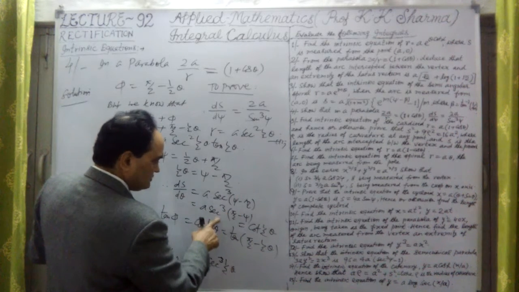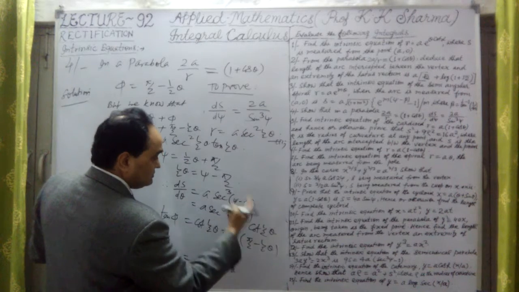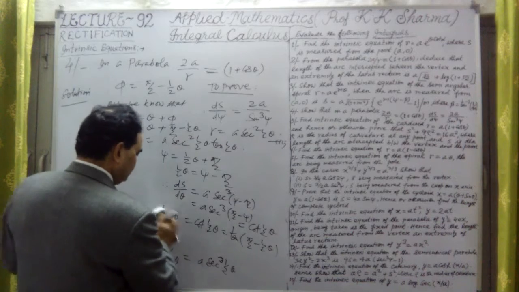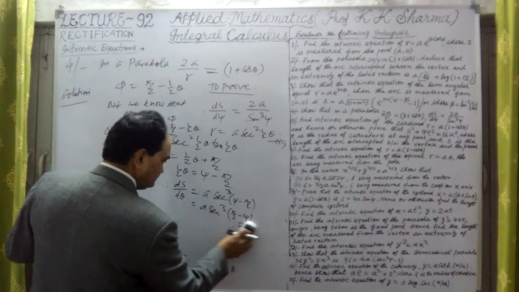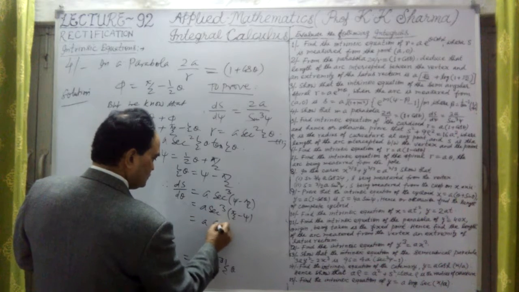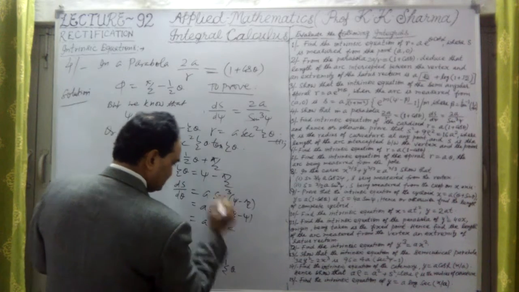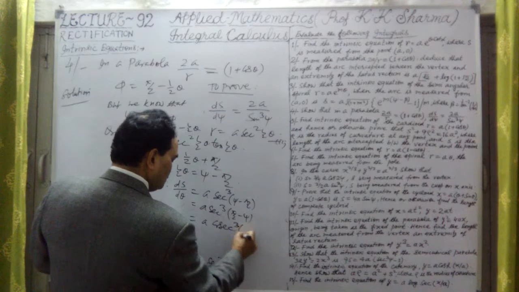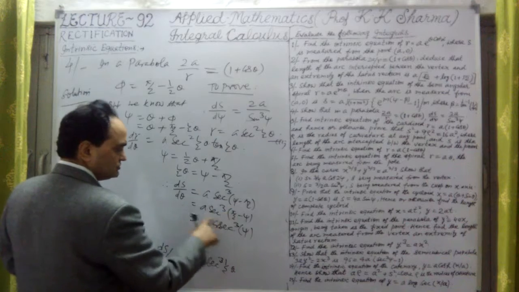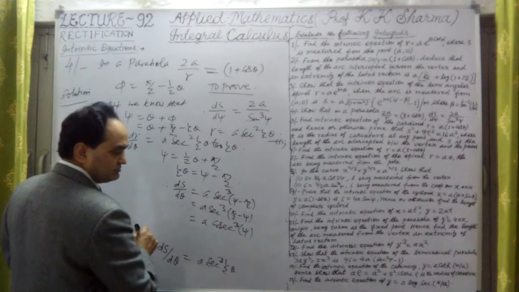Now sec of pi by 2 minus theta is cosec theta. So it will give us a into cosec cube psi, the cosec cube psi angle.